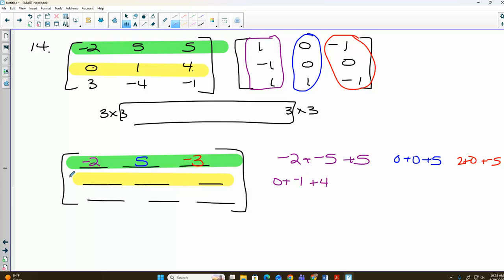Add and we get 3. 0 times 0 is 0. 1 times 0 is 0. 4 times 1 is 4. Third column. 0 times negative 1 is 0. 1 times 0 is 0. 4 times negative 1 is negative 4.